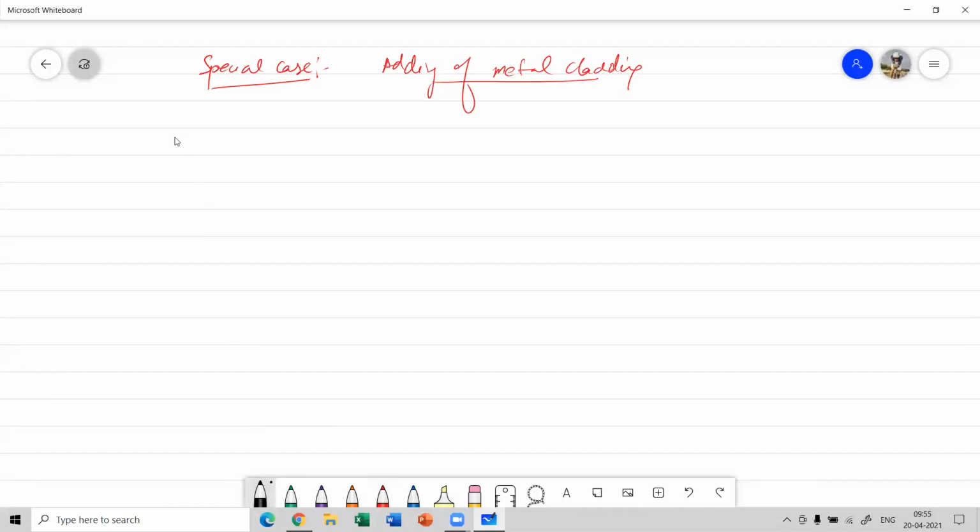Now let's suppose this is the electric wire, the cross-sectional area of the wire, and let's say this is the metal cladding around this wire.